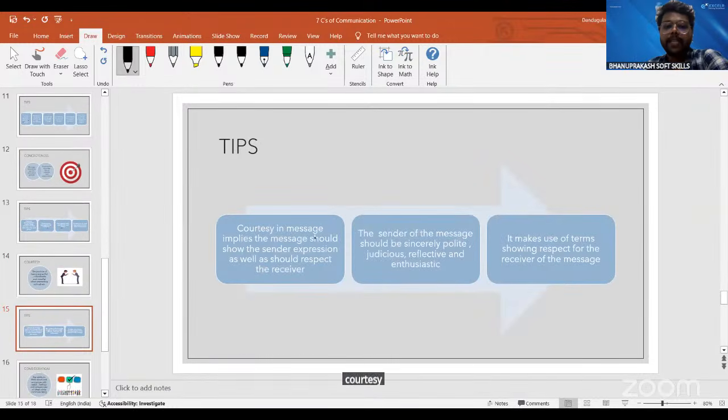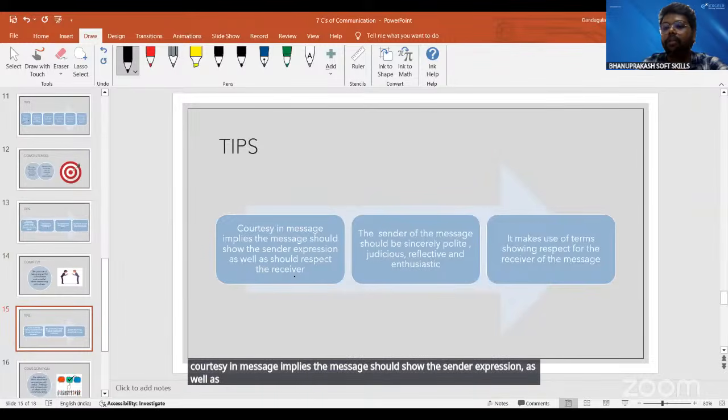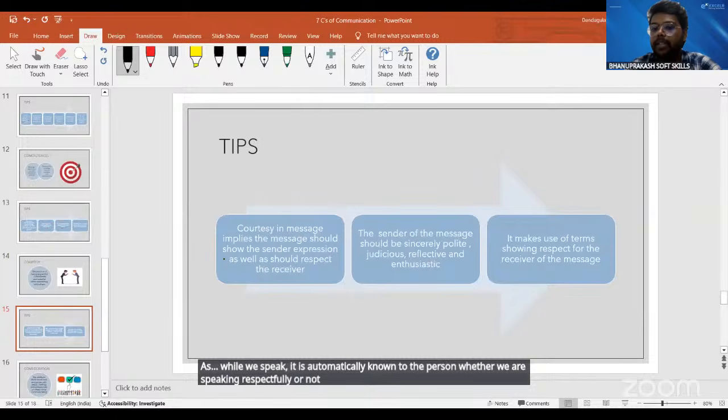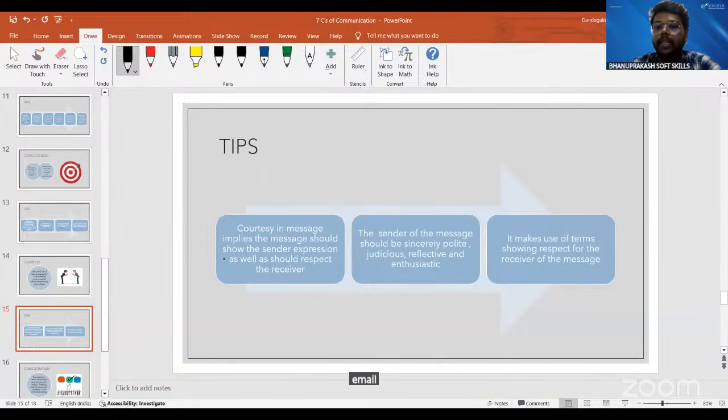Courtesy in a message implies the message should show the sender's expression as well as respect the receiver. While we speak, it is automatically known to the person whether we are speaking respectfully or not. But when it comes to emails or any written messages that we send, we take the help of emojis.